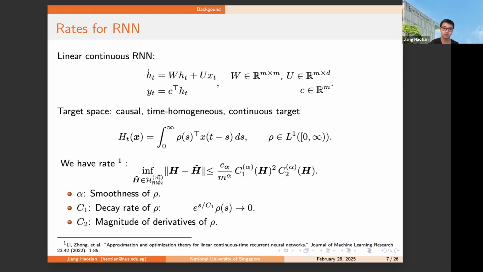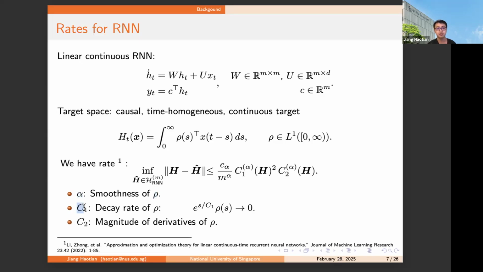So basically this function rho characterizes the memory of this relationship. And based on the previous result, we have the following approximation rate for RNNs. On the left-hand side is the best approximation error, and the right-hand side is the error bound. Here we have two complexity measures. The first is alpha, which measures the smoothness of this memory function rho.